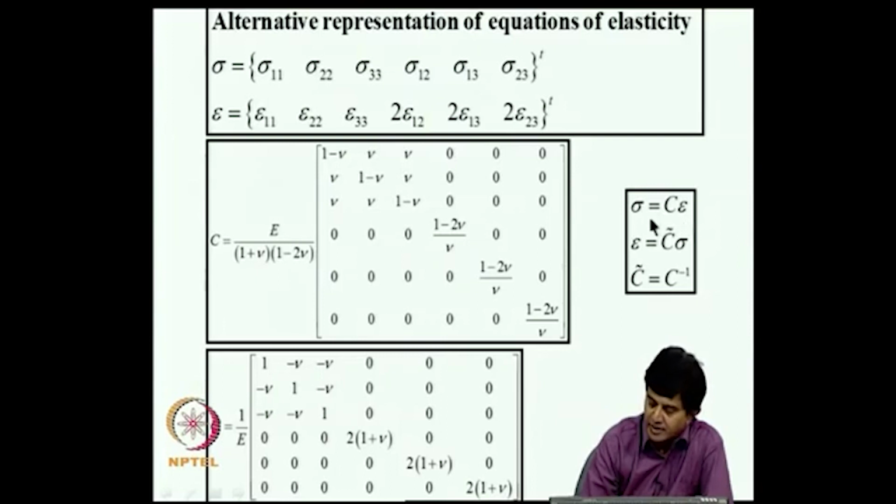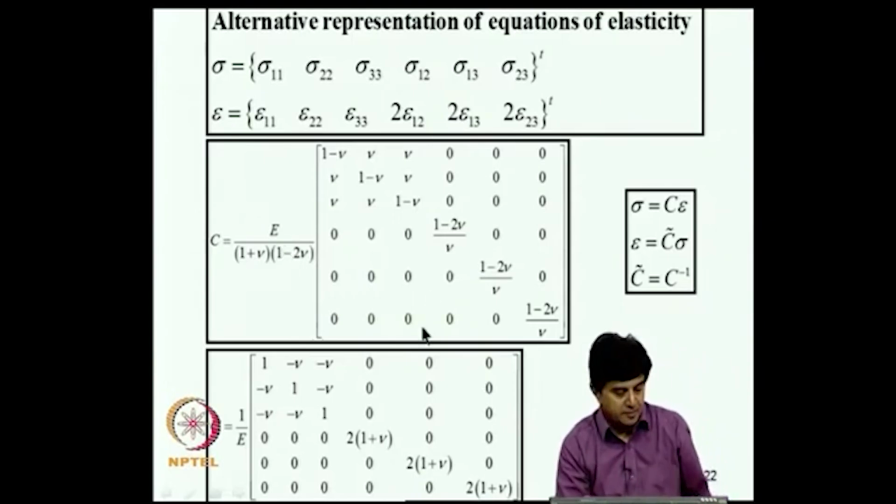So, either we can write stress in terms of strain or strain in terms of stress, and these matrices obey this identity, and we have these expressions for the C matrix and C tilde matrix, where nu is the Poisson's ratio and E is the Young's modulus. So, this is for an isotropic material.